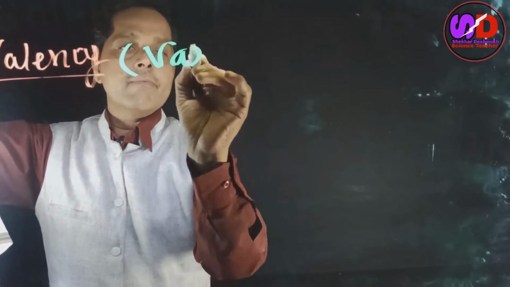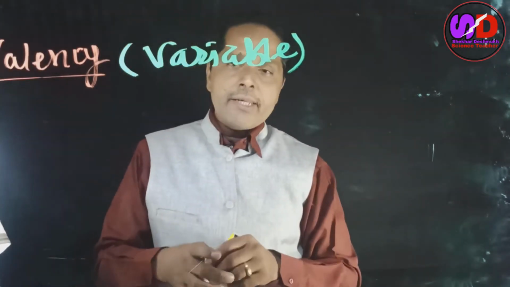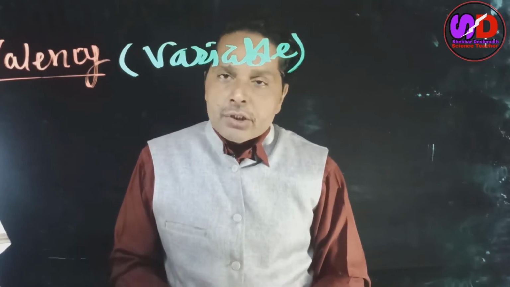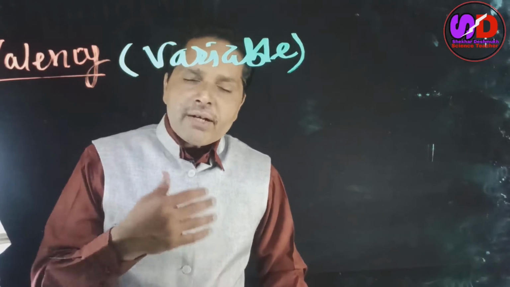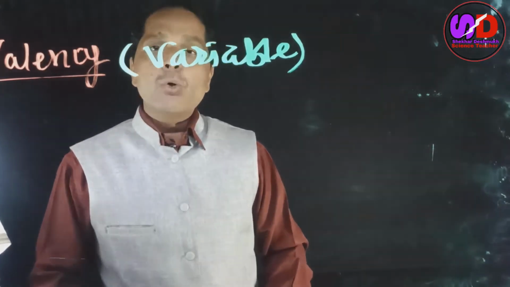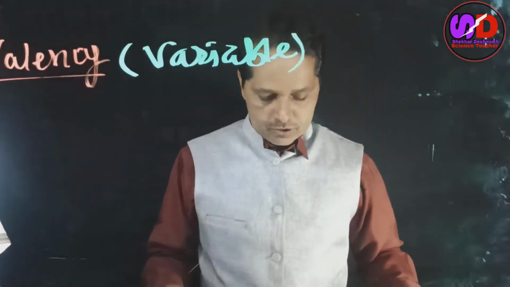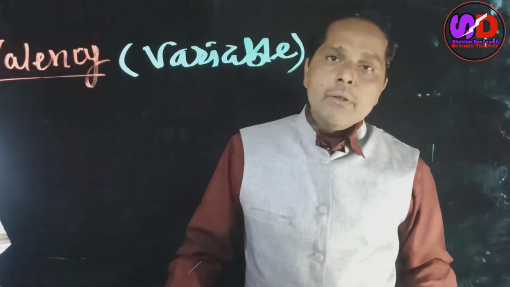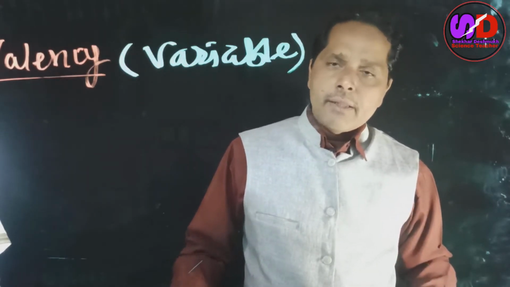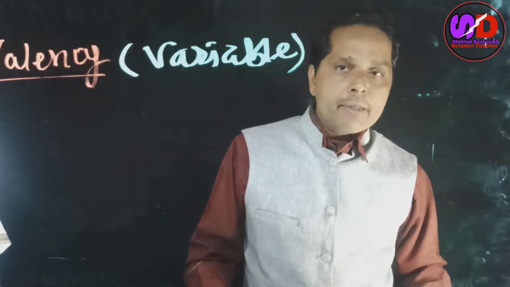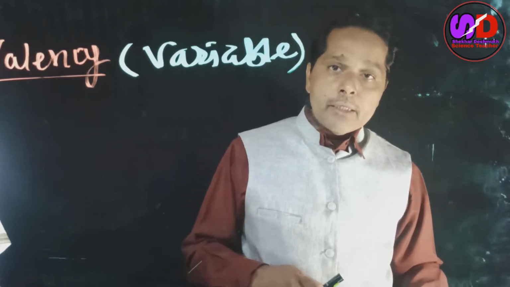Some atoms, under different conditions, donate or accept different numbers of electrons. Well-known examples are copper, iron or mercury.